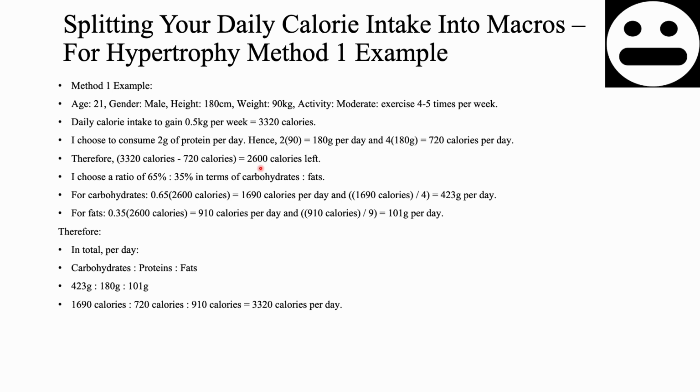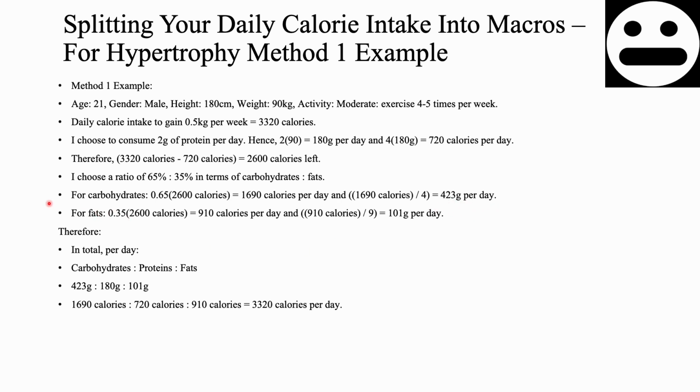Now, I want to choose a ratio of 65% to 35% of carbs to fats. So, we do 0.65 times 2600, we get 1690 calories per day of carbs. And if we divide that by 4, it will give us grams.